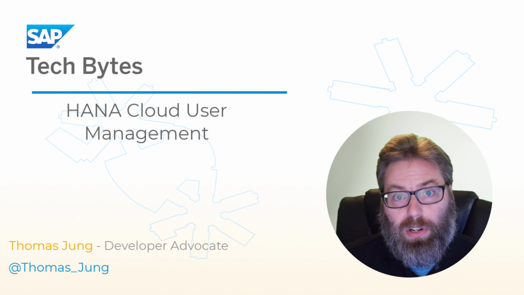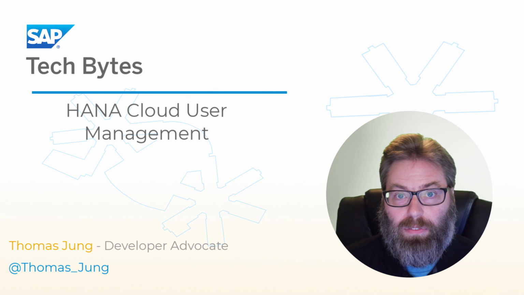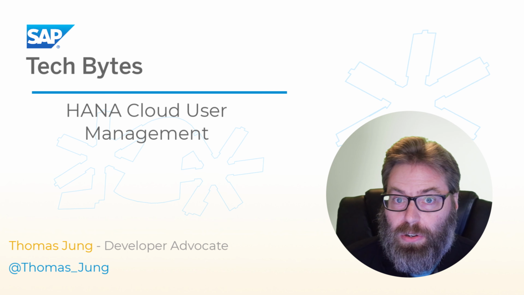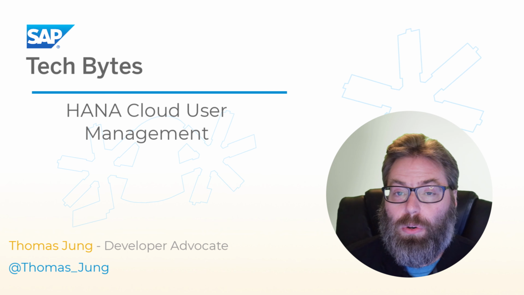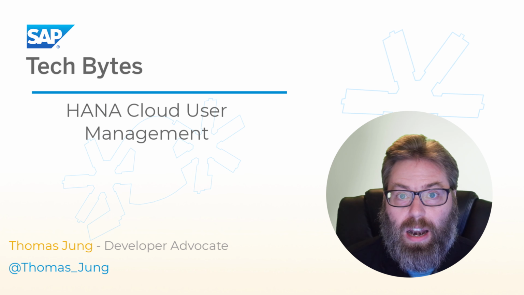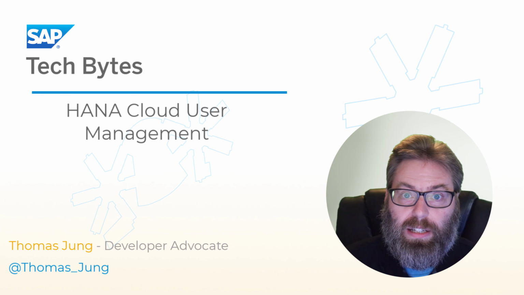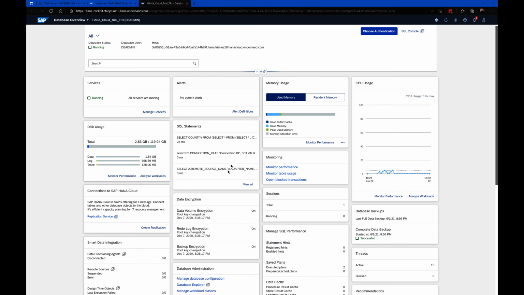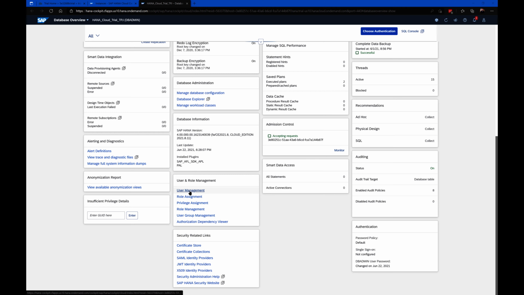In this video, we want to go through that basic task of getting started with a fresh system, using the DBADMIN user to initialize your other users and do other basic setup, and then see some best practices of how you should treat the DBADMIN user moving forward. Let's start by having a look at the DBADMIN user.